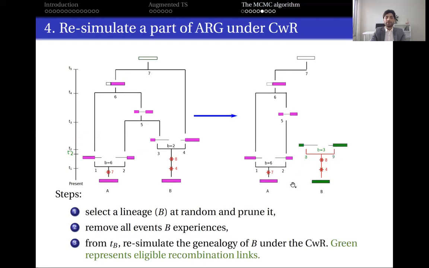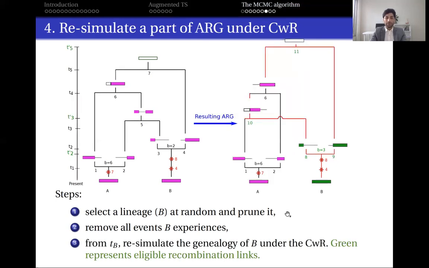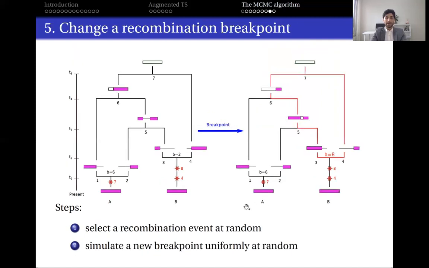And then we continue the process and resimulate under the coalescent with recombination until all the branches rejoin the ARG, resulting in this graph on the right as a proposed ARG.